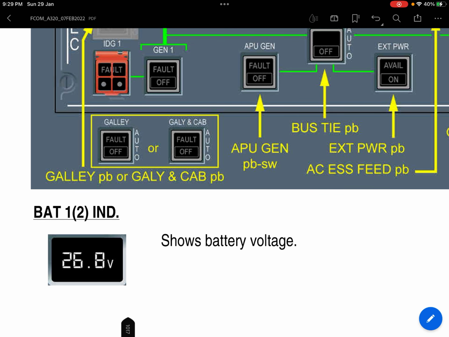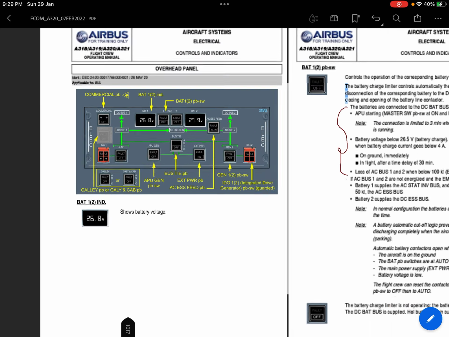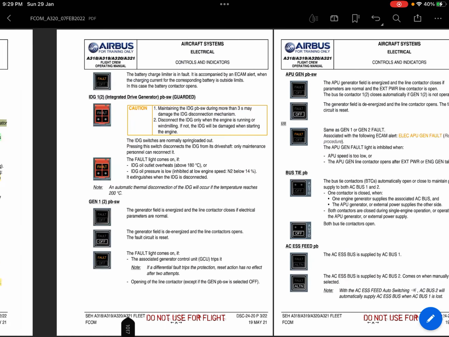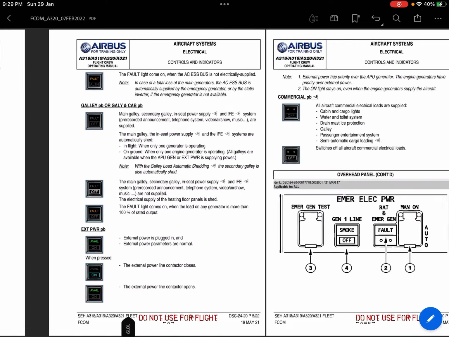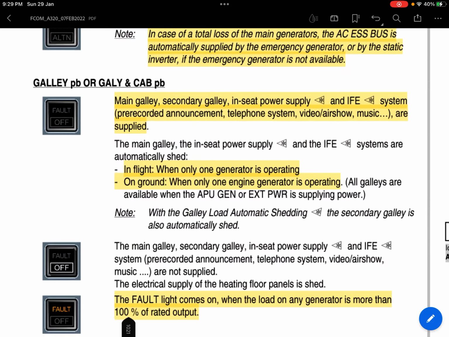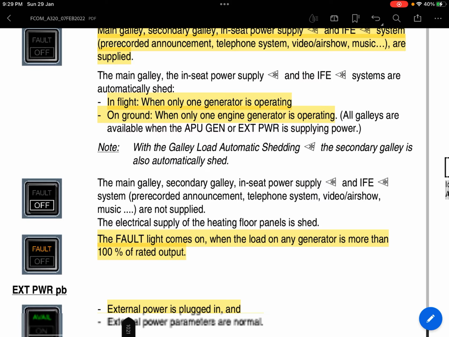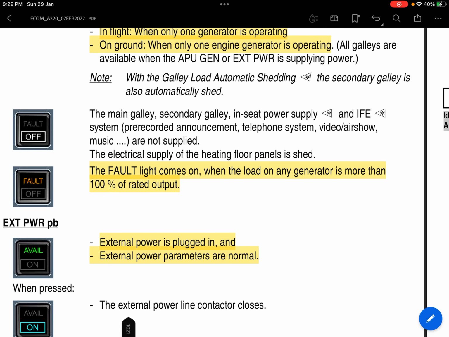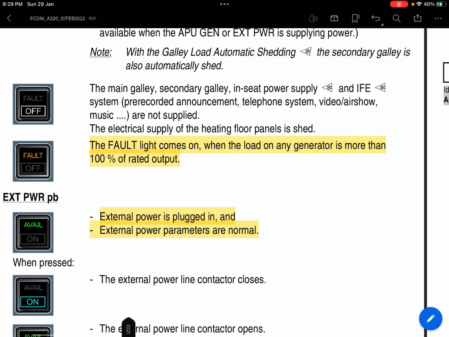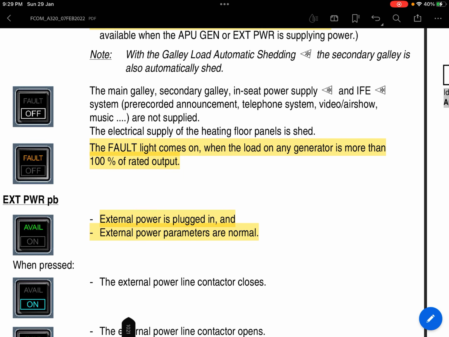There can be separate push buttons also. So it should be somewhere here only. Here it is, right? So you can find your answer here. This fault light comes on when the load of a generator is more than 100% of its rated output.